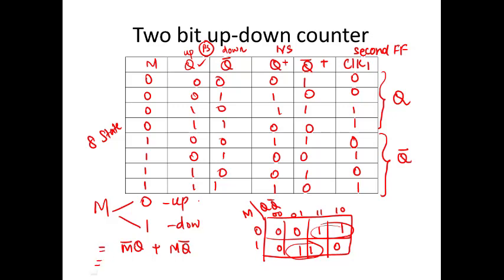Either I can use AND gates: one for M Q bar, another for M bar Q, and then take an OR gate and give it to your clock 1. This can be a combinational circuit, or look here, this is nothing but an XOR. So it is M XOR Q. Either way you can decide.